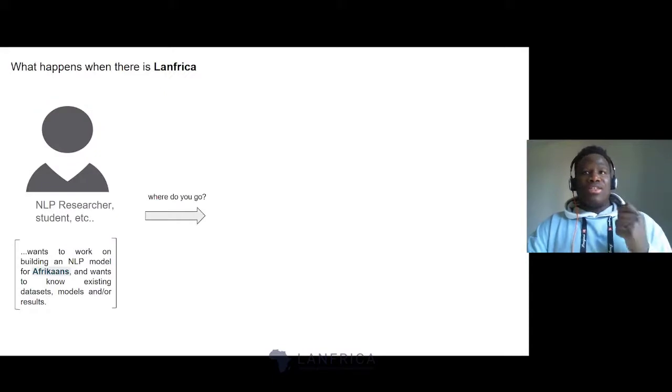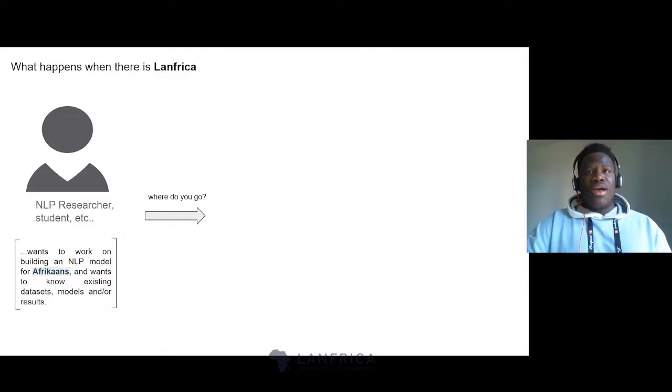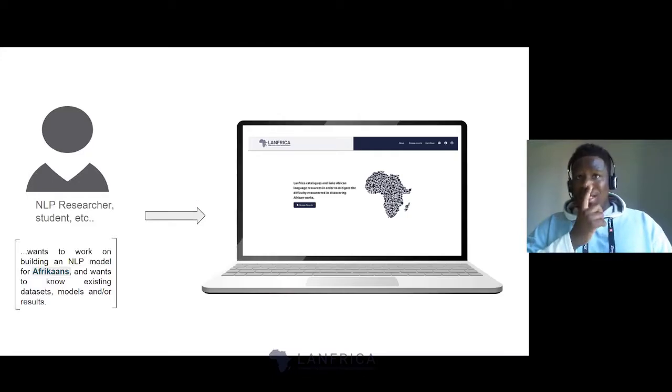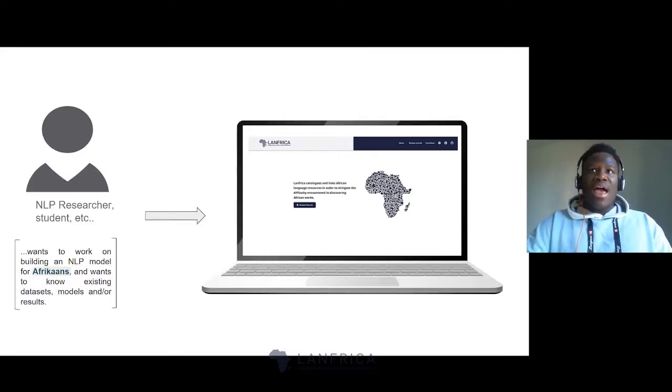Now, coming back to the same case study, say I want to build an NLP language model on, let's take Afrikaans for example, as a South African language, and I'm looking for existing works in that area. What do I do now? I can easily go to Lanfrica at www.lanfrica.com and filter the resources by Afrikaans.